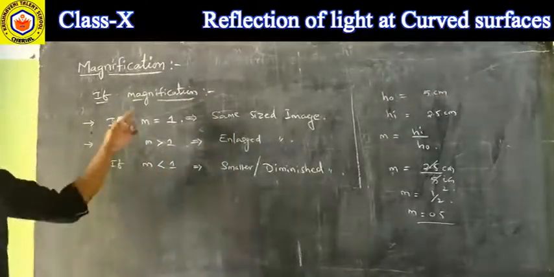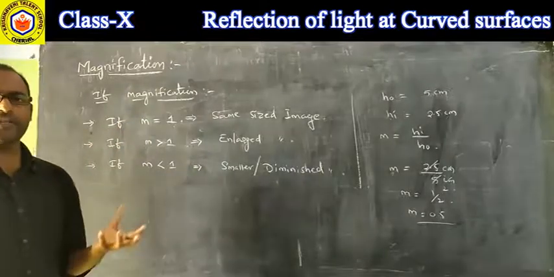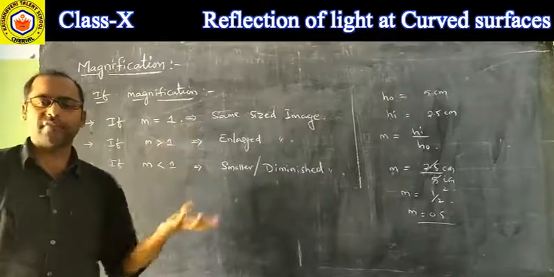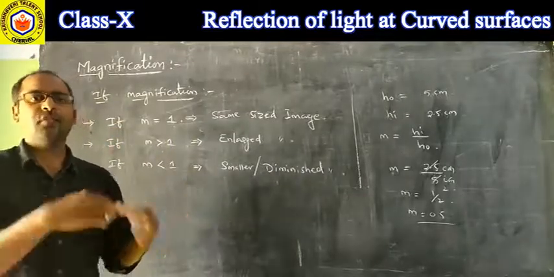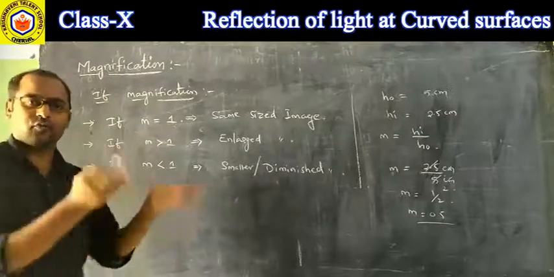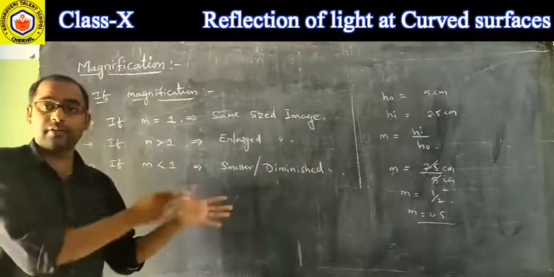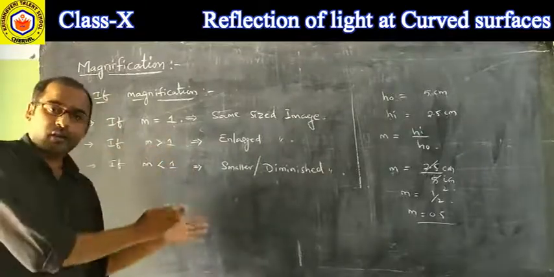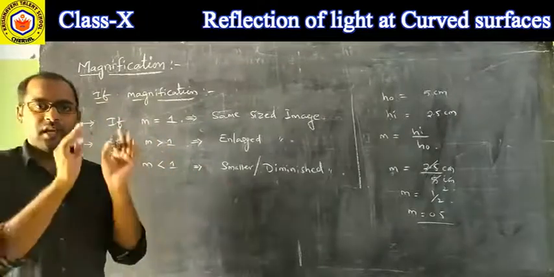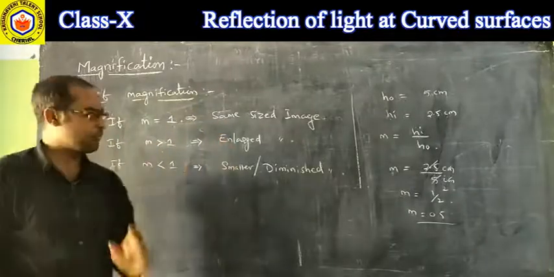Let us take an image with magnification value 2 or 2.5, then that is an enlarged image, and 1.5 is enlarged, 1 is same sized, 0.8 is diminished, 0.7 is diminished. Less than 1, those are all diminished images. Equal to 1, same sized images. Greater than 1, enlarged images. That you have to remember.